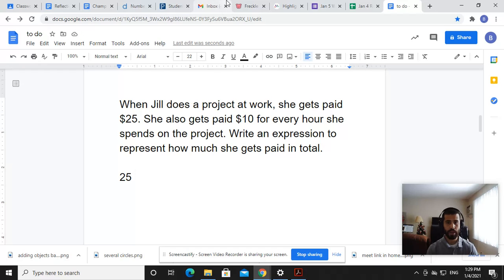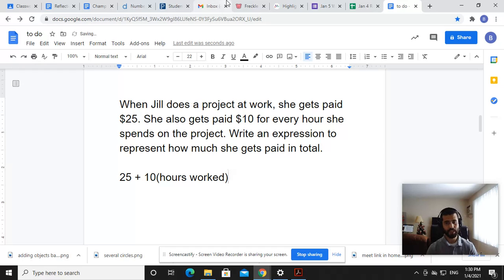Now she also gets paid $10 for every hour she spends on the project. So it's going to be 25 plus 10, and 10 is going to be multiplied by the number of hours, so hours worked.